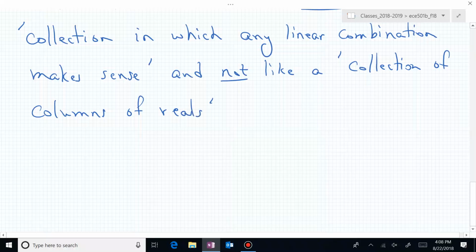That's what we typically think of when we are doing a linear algebra class. We have a vector of real numbers, and that's what we use to create our vector spaces in that class.